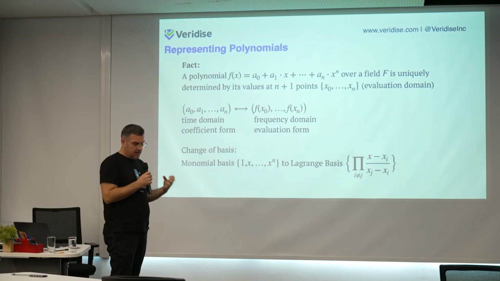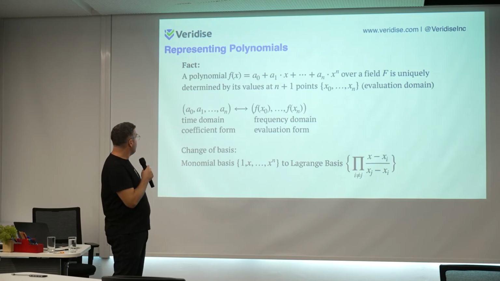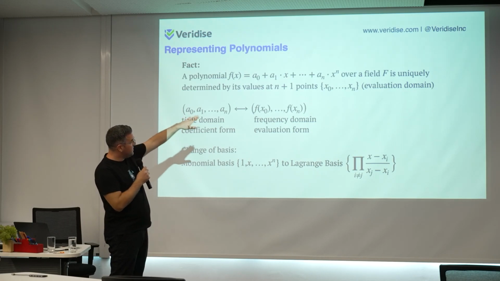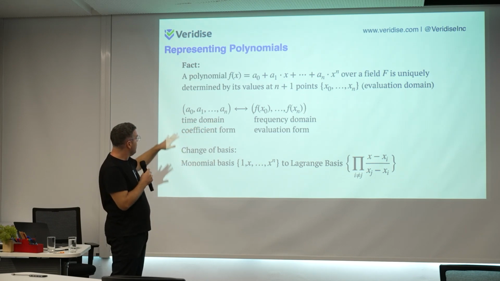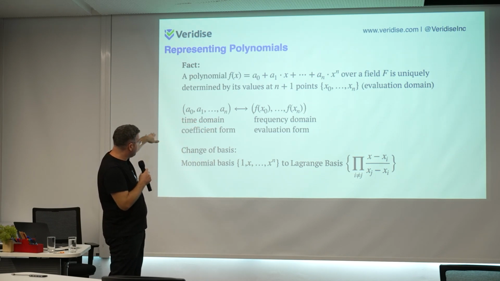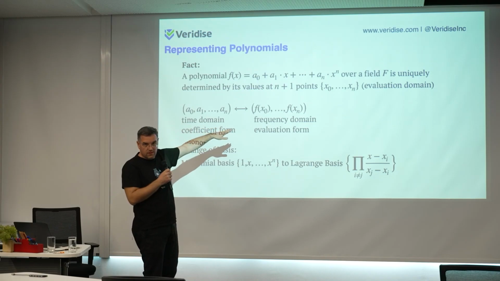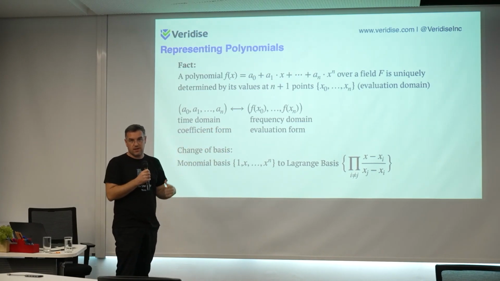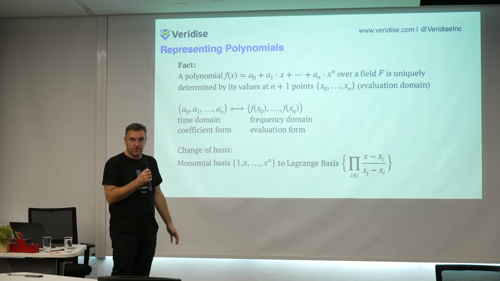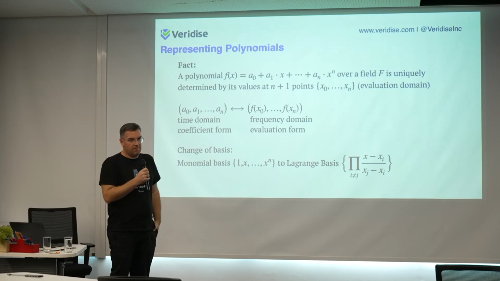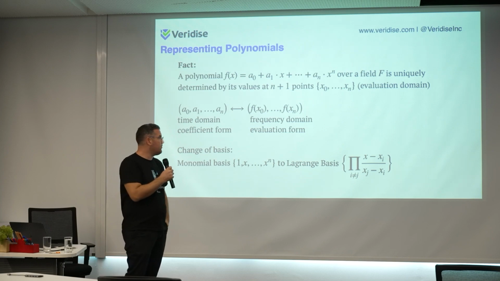The most standard, most intuitive way would be, given a polynomial, let's say of degree n, over a given field, in our case a finite field, you represent it by just listing all the coefficients of the polynomial as a vector. This is also called the time domain or the coefficient form. The name time domain sounds a bit weird, but there are reasons for it.